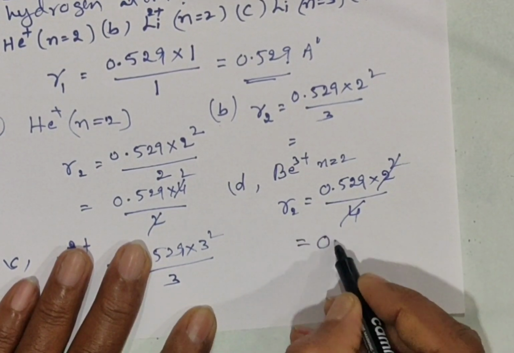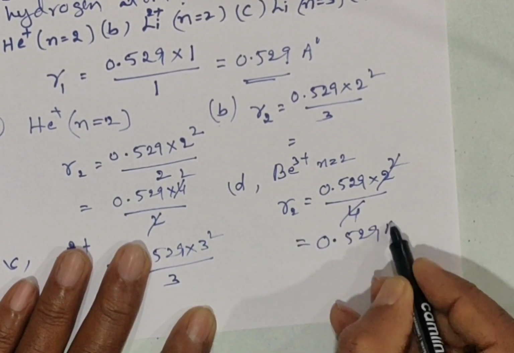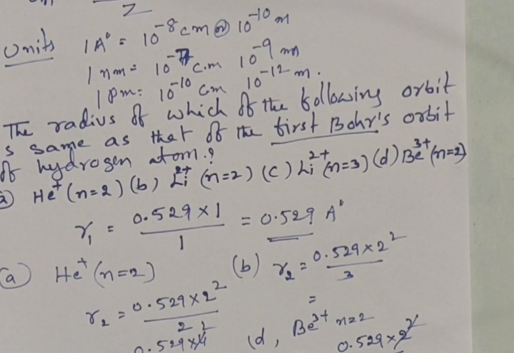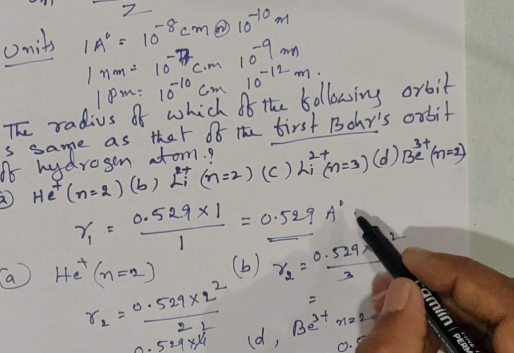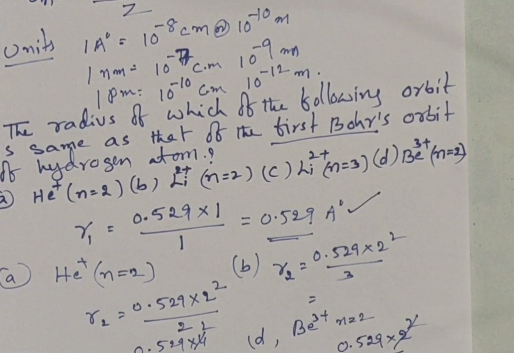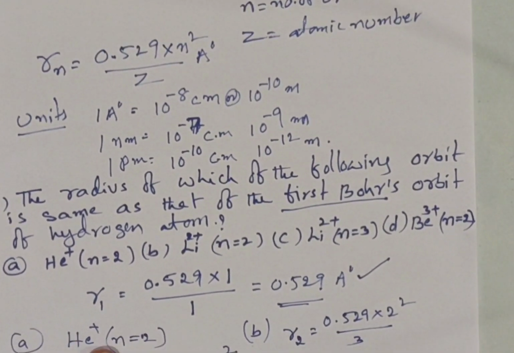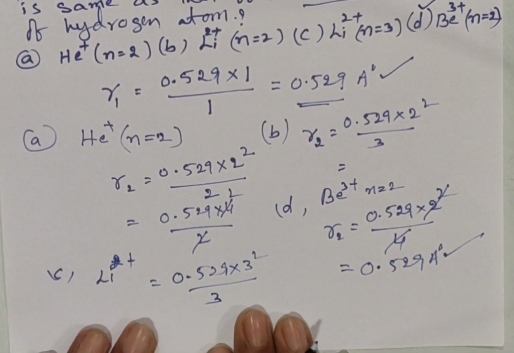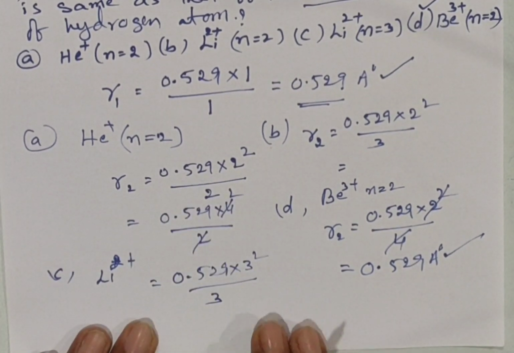Then that is equal to 0.529 angstroms, right? This is the correct answer. Bohr's first orbit radius is 0.529. Now option D is correct. So this is the way to analyze the given options.